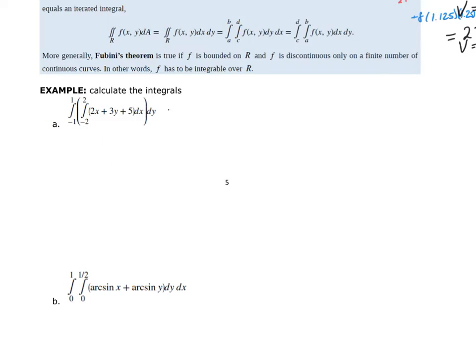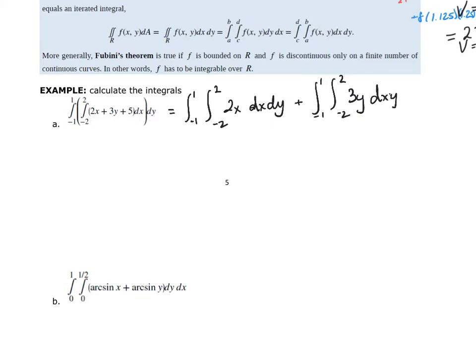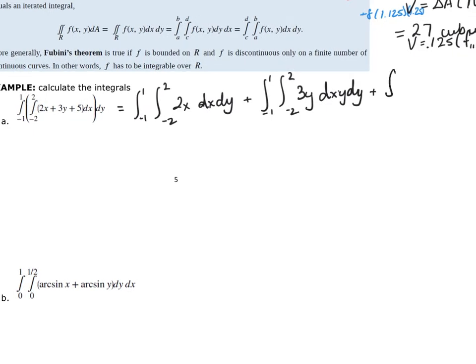This is going to be equal to the integral from -1 to 1, from -2 to 2, of 2x dx dy, plus the integral from -1 to 1, -2 to 2, of 3y dx dy, and then plus the integral from -1 to 1, from -2 to 2, of 5 dx dy.